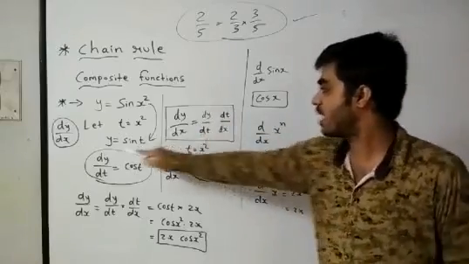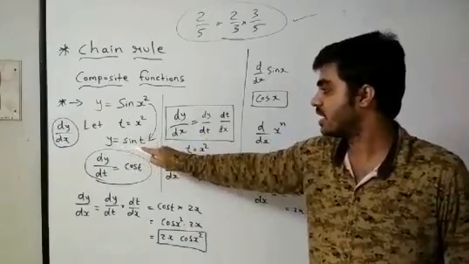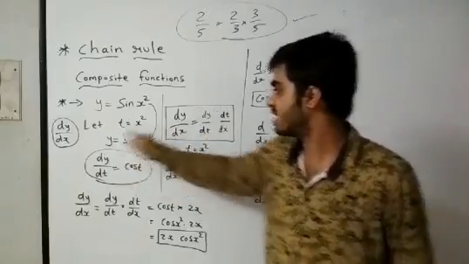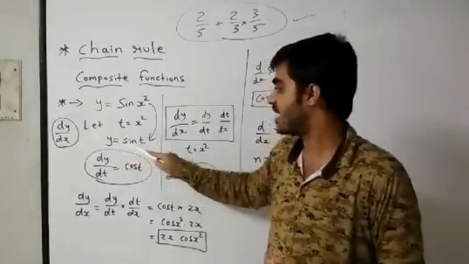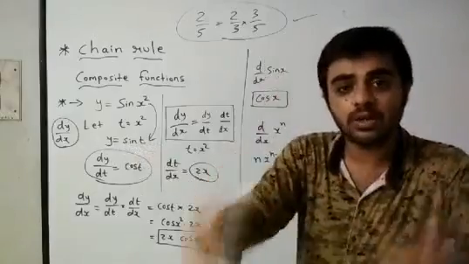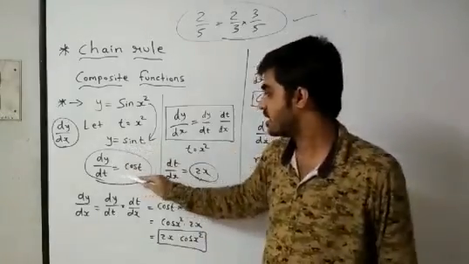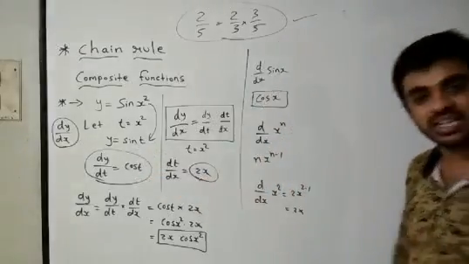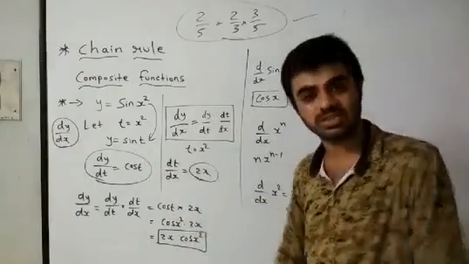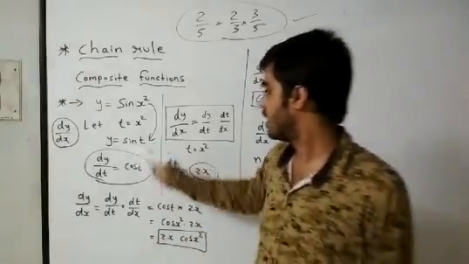तो dy by dt क्या होगा, this y is equal to sin t, so differentiating y is equal to sin t with respect to t, dy by dt is equal to sin t derivative is cos, डेरिवेटिव ऑफ sin x अगर cos x है तो sin t का भी क्या होगा, cos t. So here this we got.